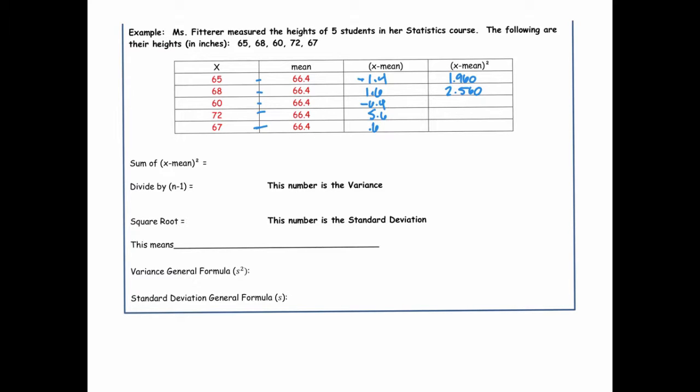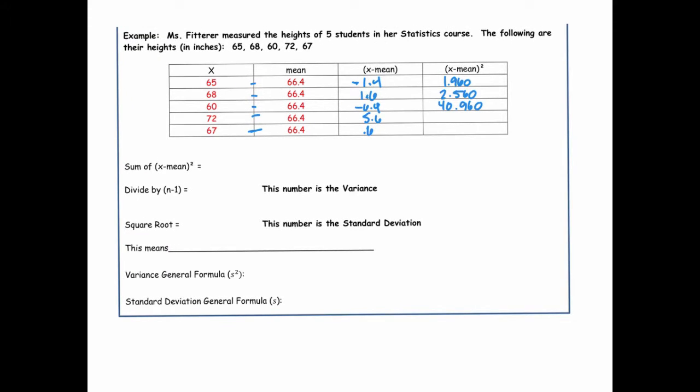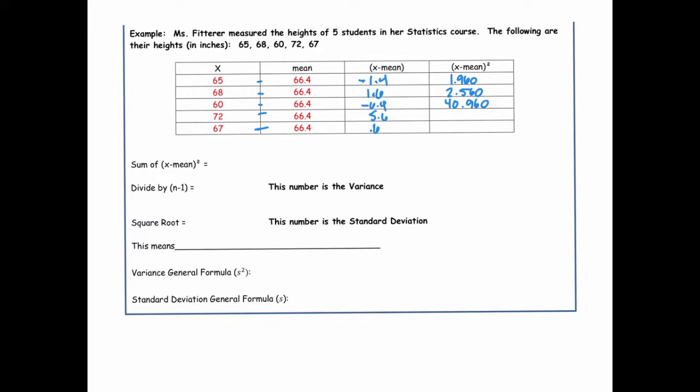Negative 6.4 squared gives you 40.96. 5.6 squared is 31.36. And 0.6 squared is 0.36.